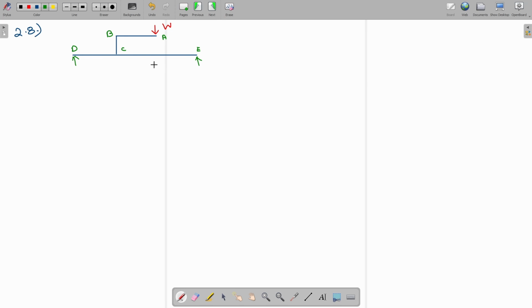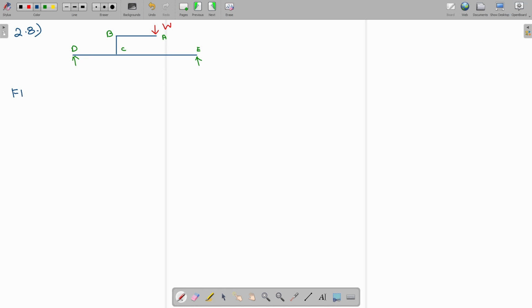Now, we need to draw the free body diagram of parts of the beam. Separately, we are going to draw the free body diagram of AB, BC, and DE. But in this case, we only need AB and BC.